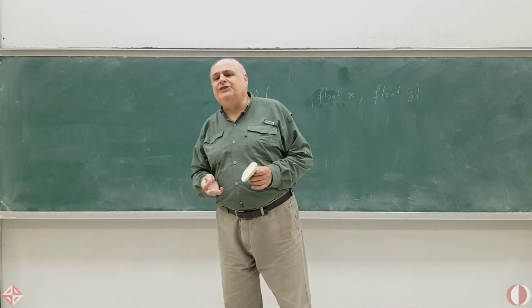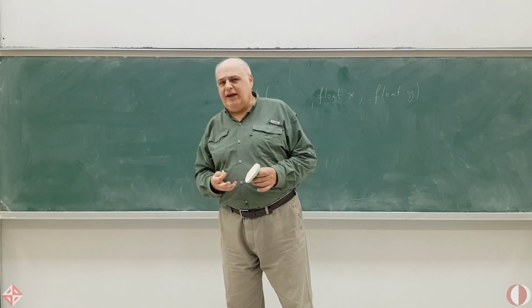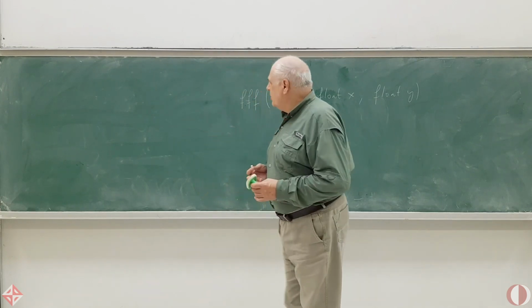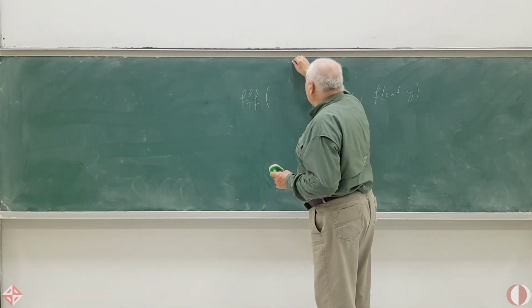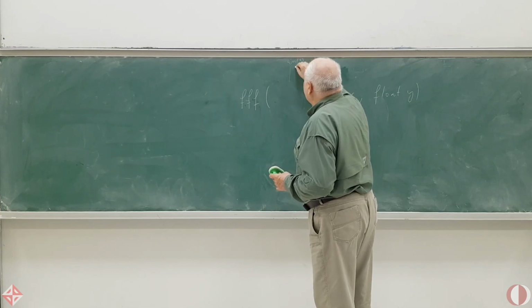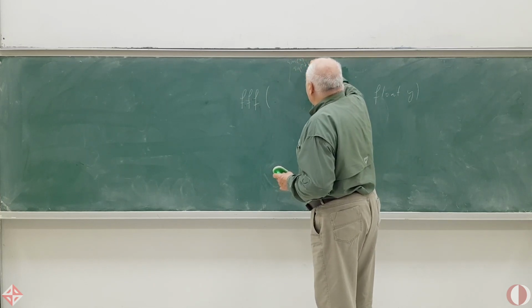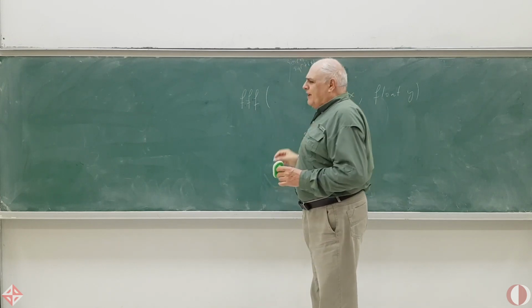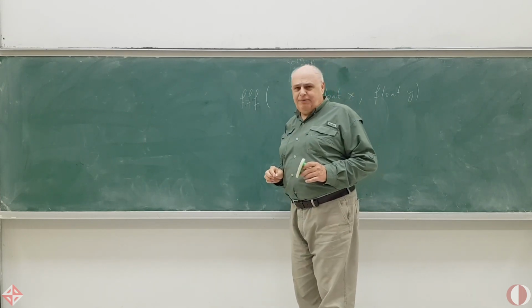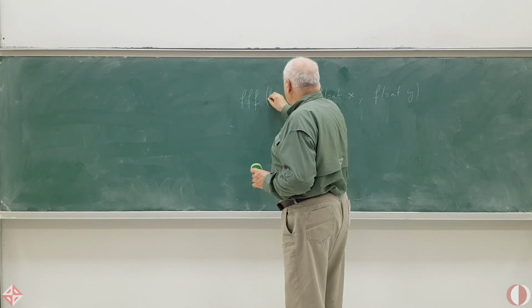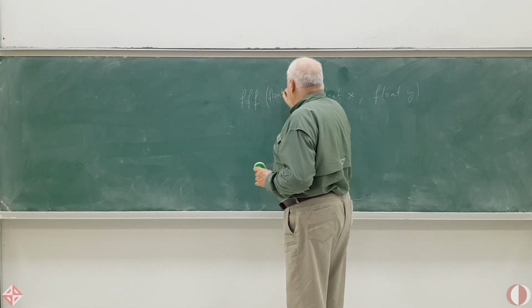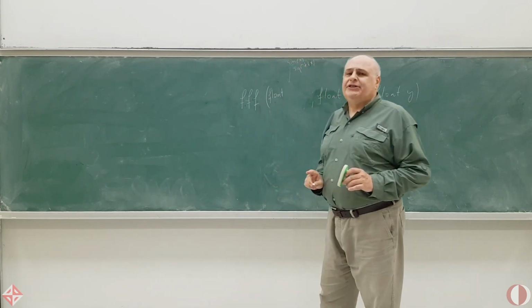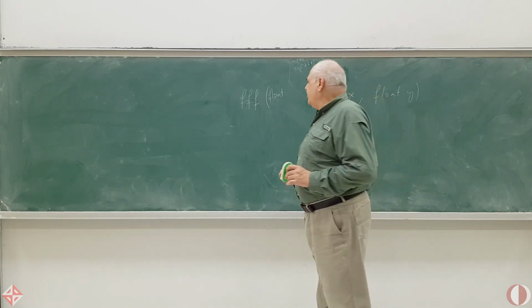What does this function return as value? For example, I want to send down sine x or square root of x. I know very well that both of these functions return floating points. So that's what the function returns.